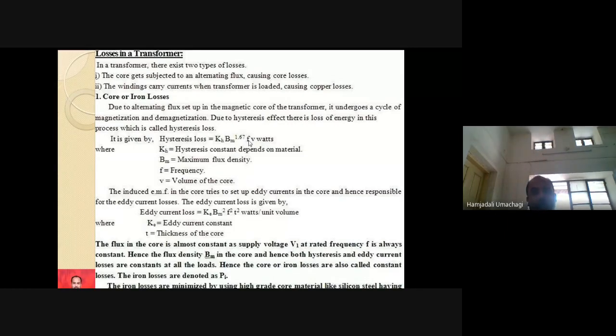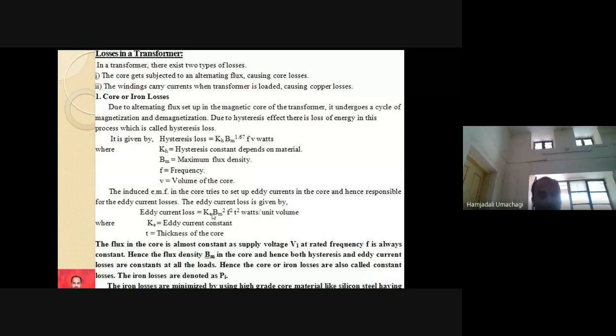So altogether hysteresis loss is constant here. Yes or no? If you check the expression, all these are constants. Similarly, eddy current loss, Ke Bm square F square T square. Ke is constant, Bm square is constant, F square is constant, T square is constant. Ke means eddy current constant, Bm means maximum magnetic flux density, F stands for frequency, T stands for thickness. So altogether these are also constant only.